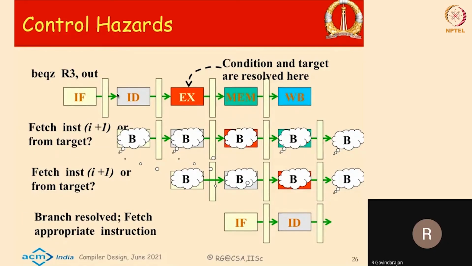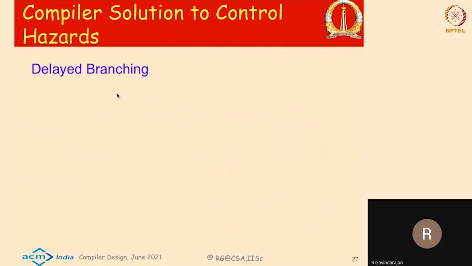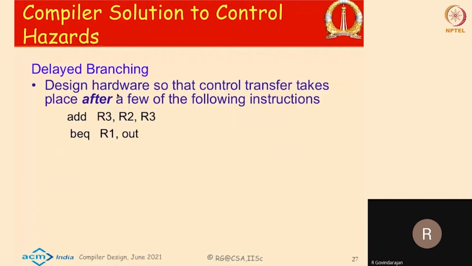So the number of stalls that are incurred can be reduced by some aggressive architectural techniques, as well as with the help of the compiler to a certain extent, where what we have is the notion of what is called delayed branching. In the case of delayed branching, the branch instruction and the subsequent instructions are always executed, right? So let me just explain this by means of what it is.